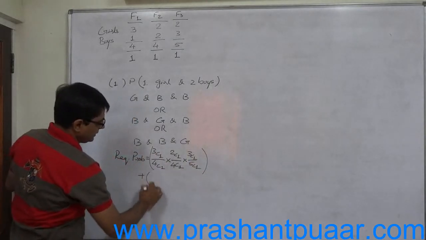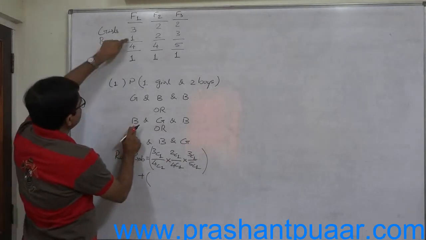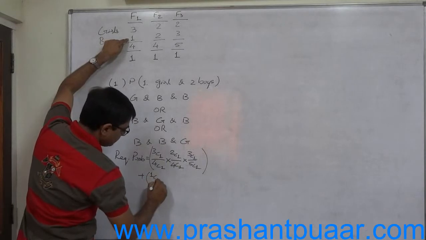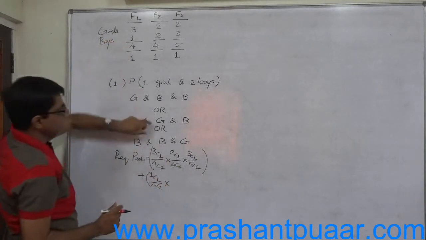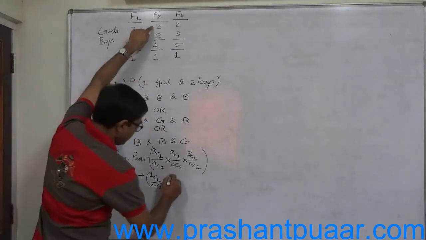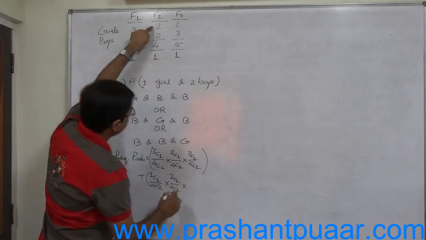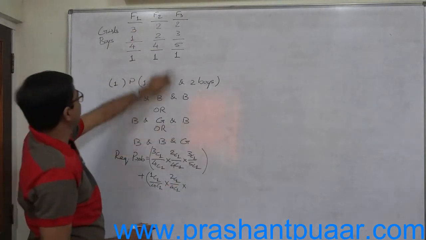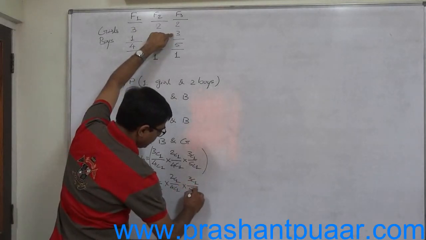Or, that means addition. Now this combination: boy from the first family 1C1 divided by 4C1 into girl from the second family 2C1 divided by 4C1 and boy from the third family, that means 3C1 divided by 5C1.